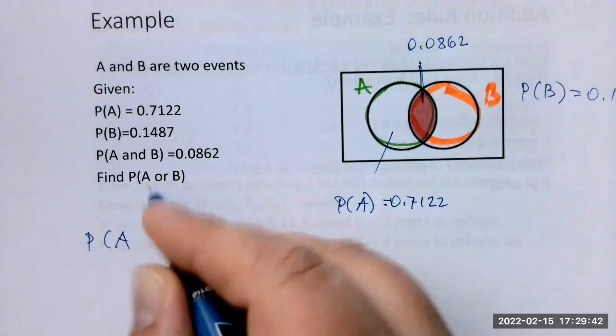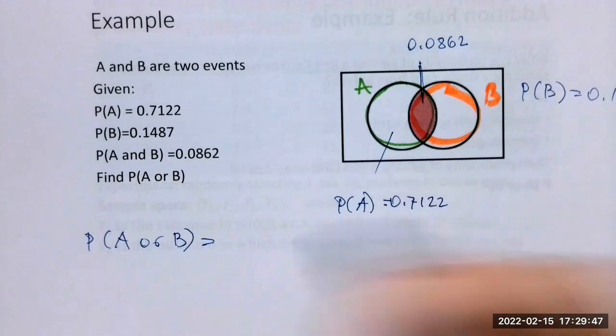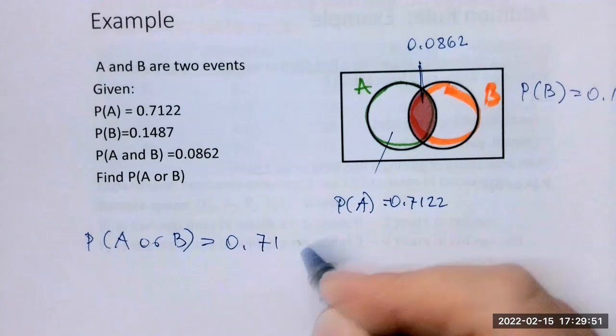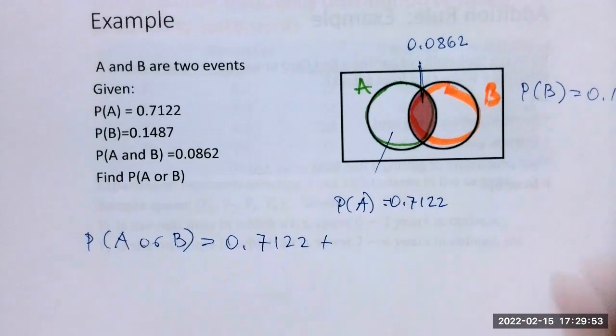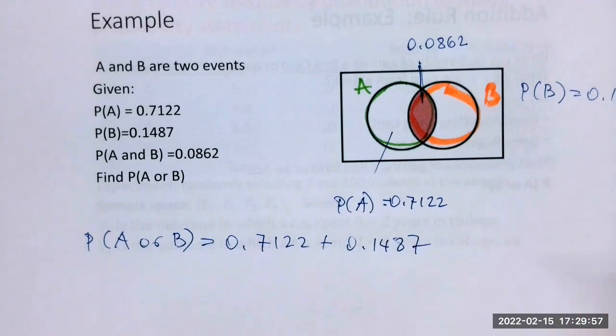right? Probability of A or B. We're going to add the probability 0.7122 plus 0.1487. So if we put it in the calculator, let's see what we're going to get.